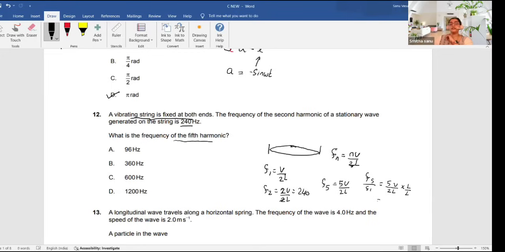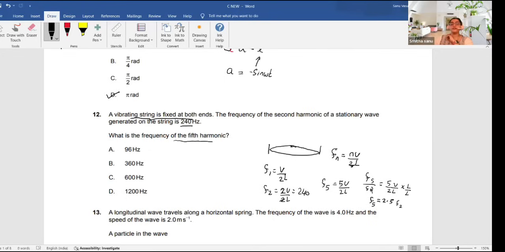And that gives you the answer 2.5 times, which basically means the fifth frequency is 2.5 times the second frequency.